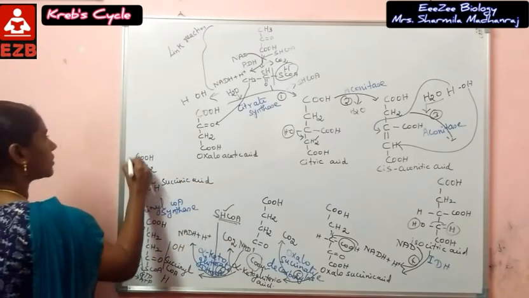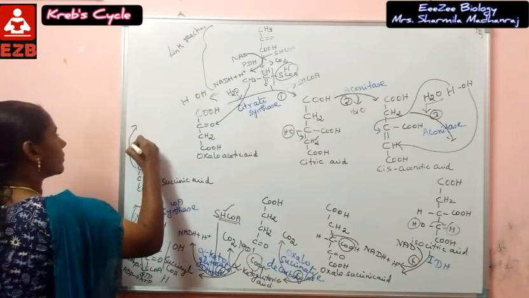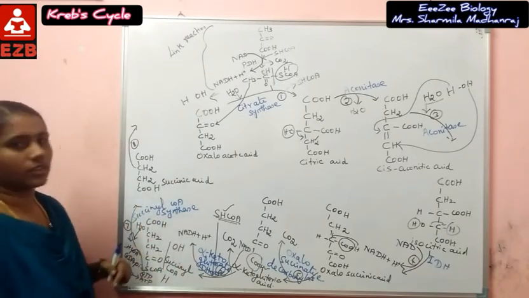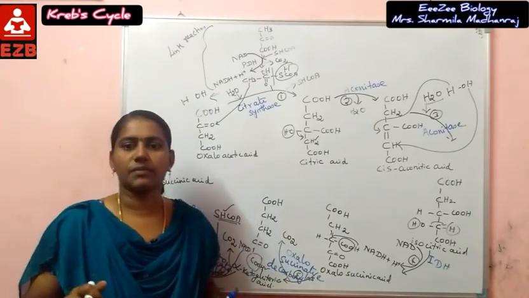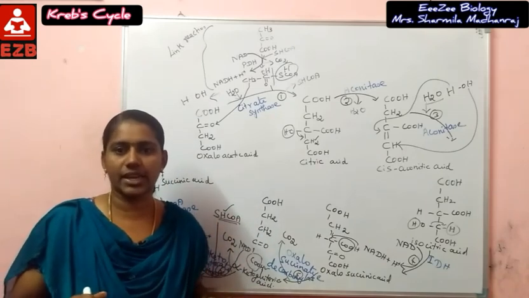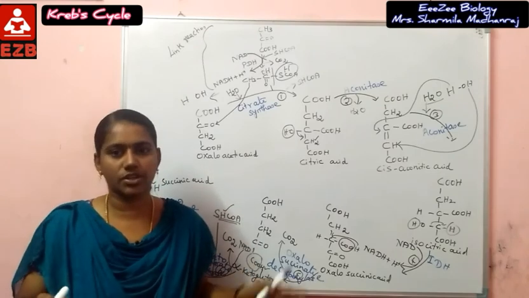Next, eighth step. In the eighth step, succinic acid is converted to fumaric acid with the help of the succinate dehydrogenase enzyme. In this reaction, oxidation takes place.